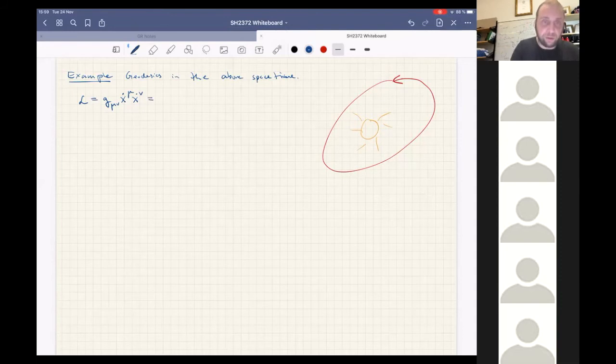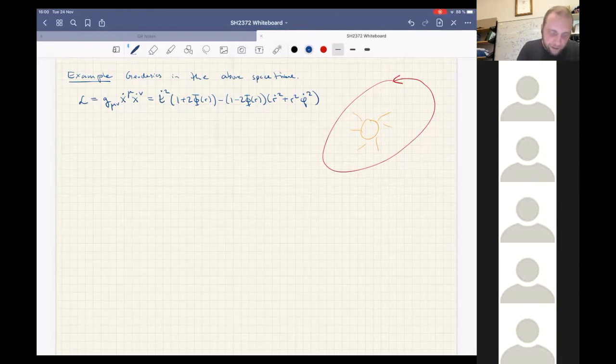So if we write this down, it's t dot squared times 1 plus 2 phi, and phi here depends only on r, as long as we have a spherically symmetric mass distribution. Minus 1 minus 2 phi of r, and then we have r dot squared plus r squared phi dot squared. So I'm now considering only motion in a single plane, so I've arranged my plane so that I have theta equals pi over 2.